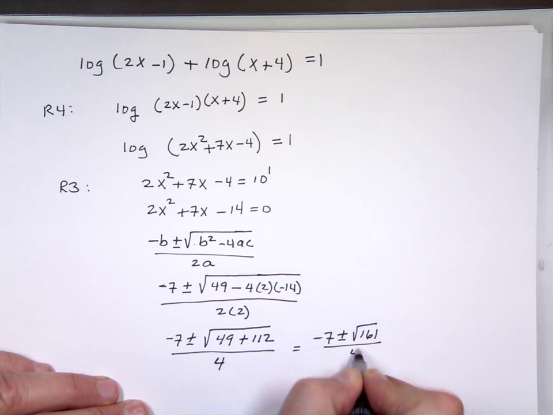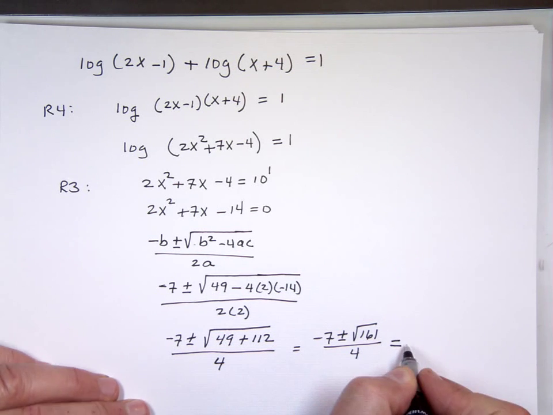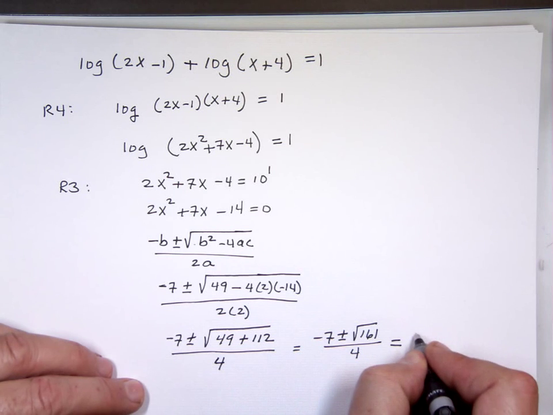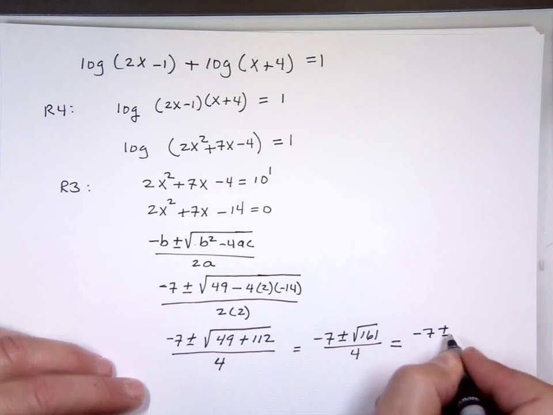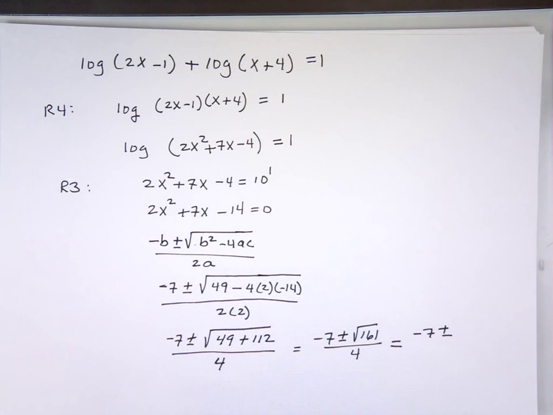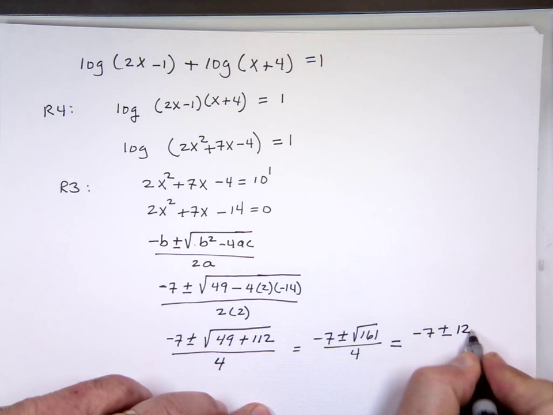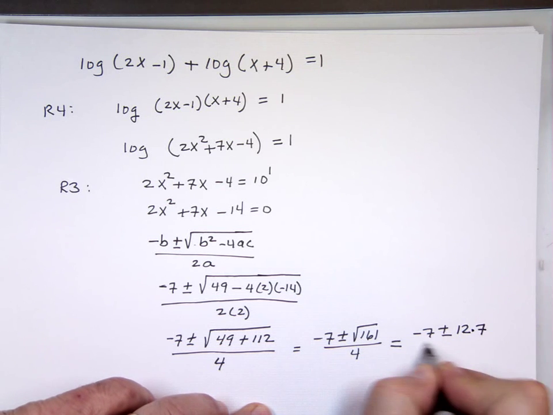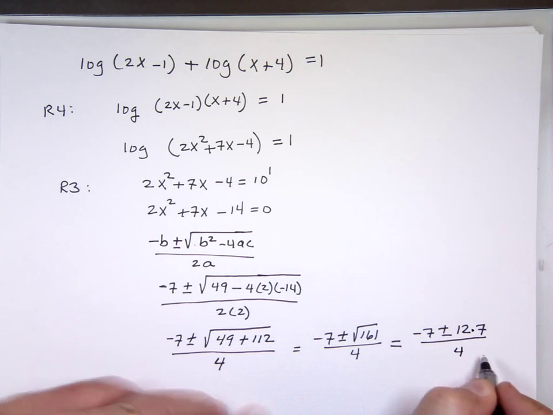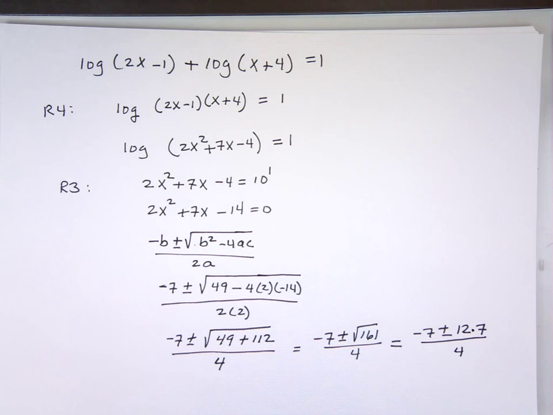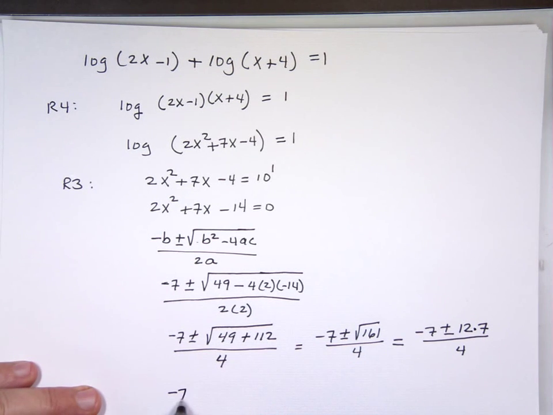So what's the square root of 161? 12.7 roughly. So we have two solutions. One of them is negative 7 plus 12.7 over 4.